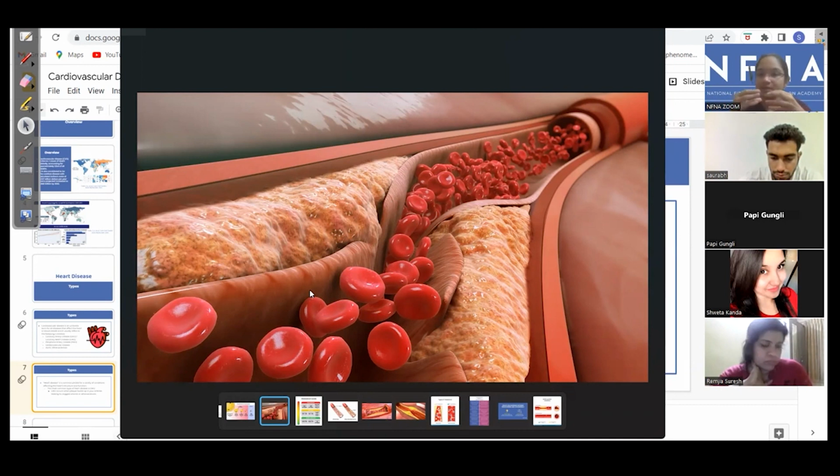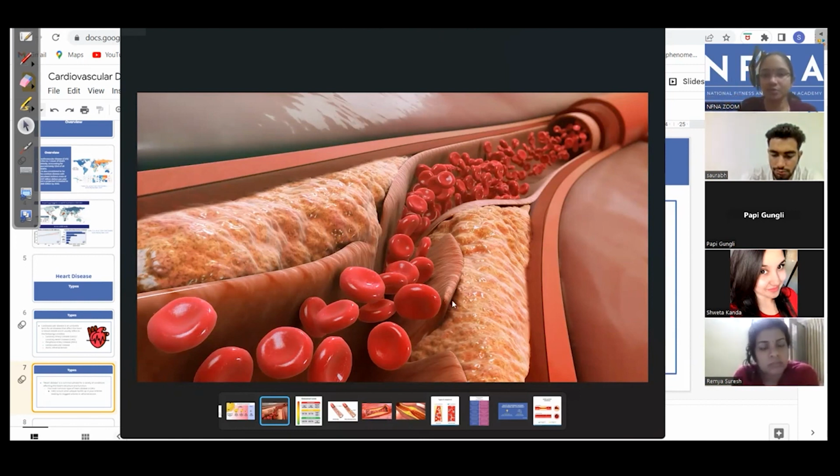Consider it a muscular pipe. In those muscular pipe layers, the fat goes and deposits. Why it deposits, I will discuss in the next class. I'm showing you this just to give you the visualization of how atherosclerosis looks.